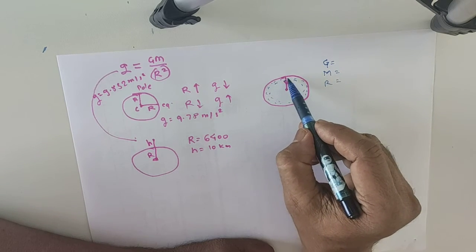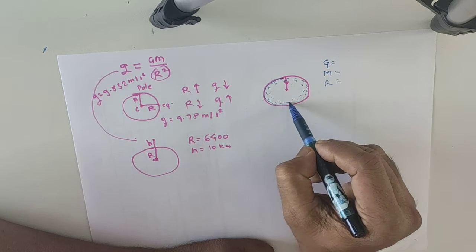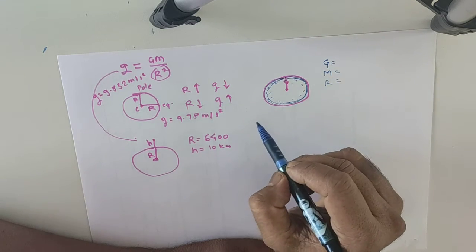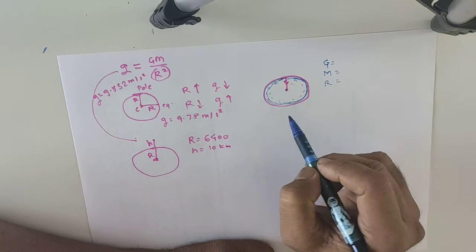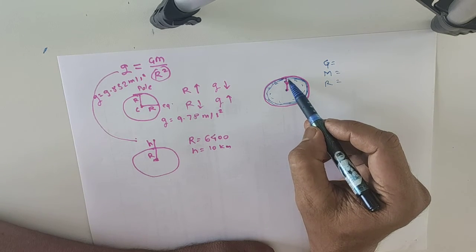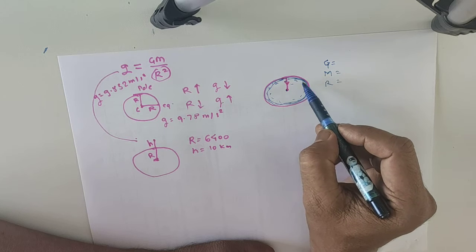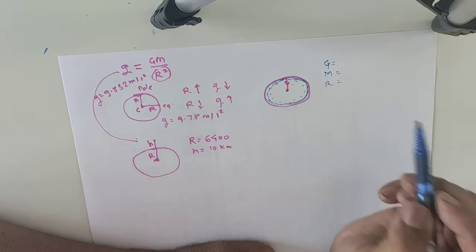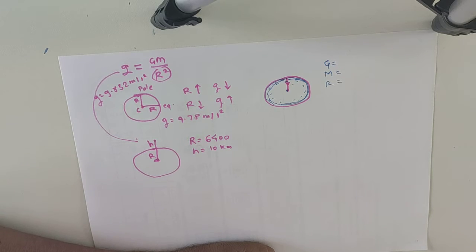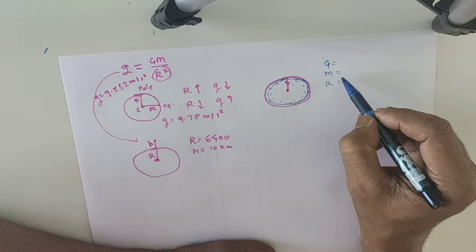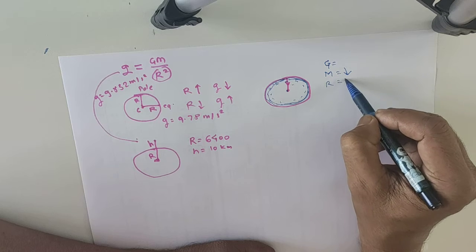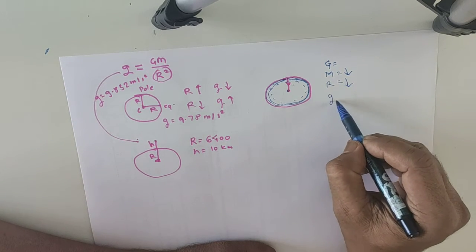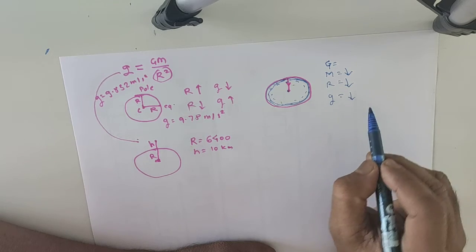This mass decreases because of the concentration of mass at the center of the Earth. Part of the Earth contributes to all parts, and hence M decreases, therefore R also decreases, and hence G simultaneously decreases.